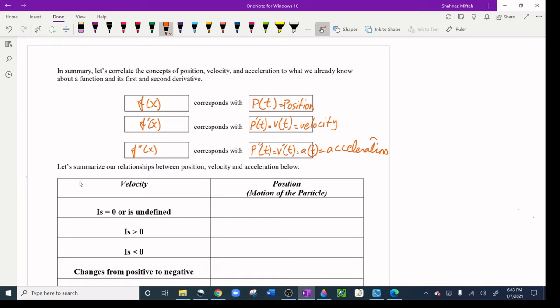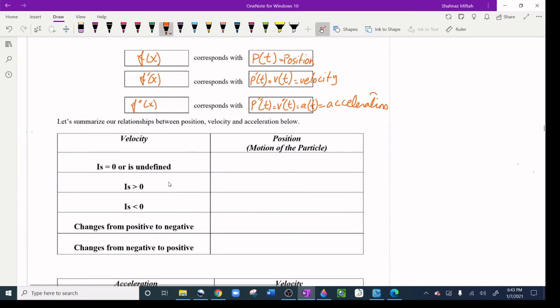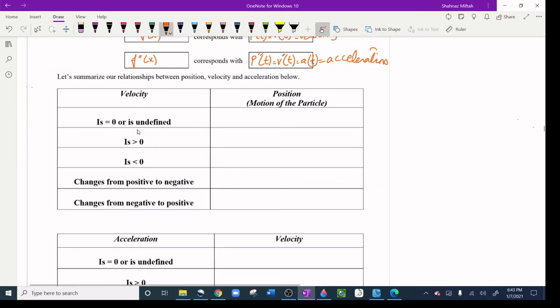Okay, let's summarize our relationships between position, velocity, and acceleration. So if velocity, the first derivative, equals 0 or is undefined, then what is that? We already know velocity means the first derivative, the speed with the direction.